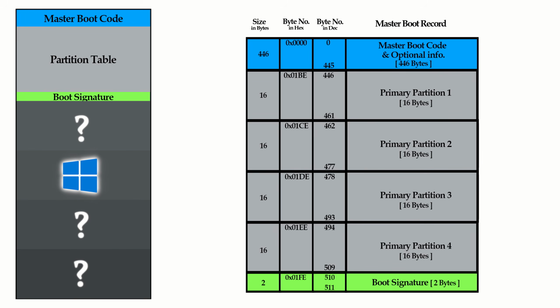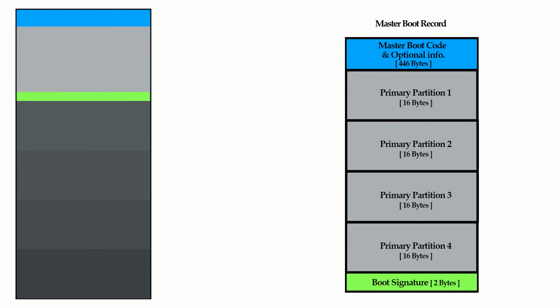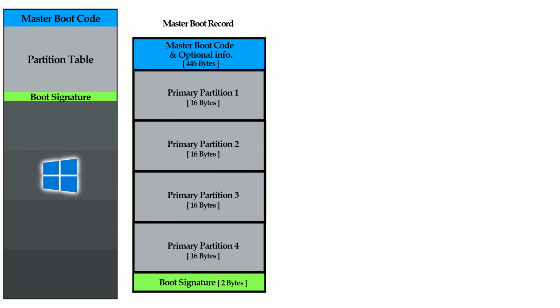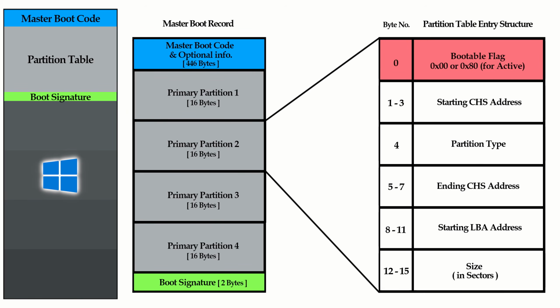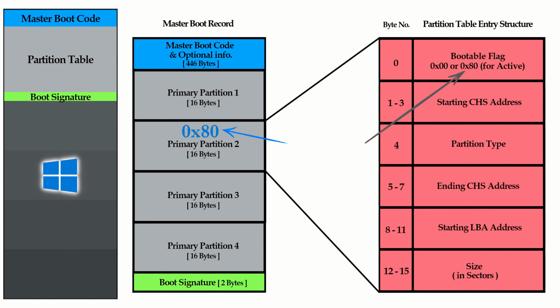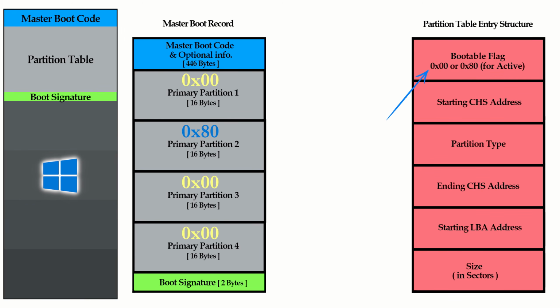The active partition is the partition from which it will load the operating system. The master boot code identifies the active partition by looking at the active flag, also called the bootable flag. A value of hexadecimal 80 indicates the partition is the active partition. 0 indicates a non-active partition.